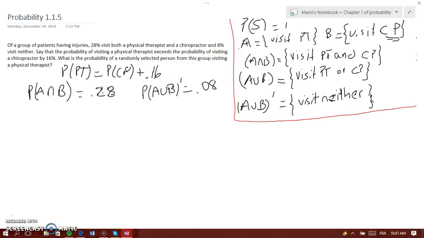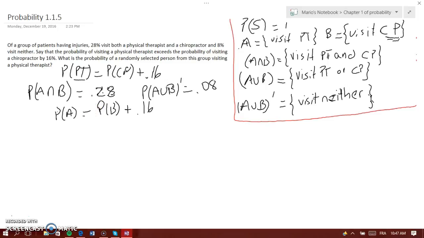Now, first thing we can do is we can find PA. Or let's say PT, because we say A is visiting PT and B visiting CP, so we can replace PT by PA equal to PB plus 0.16.